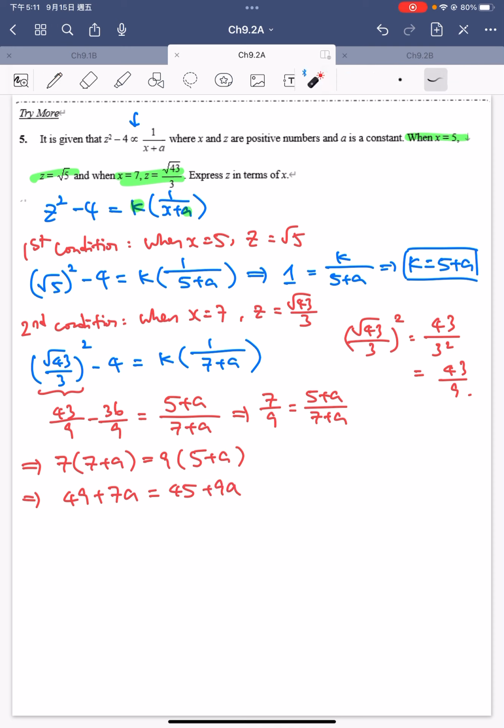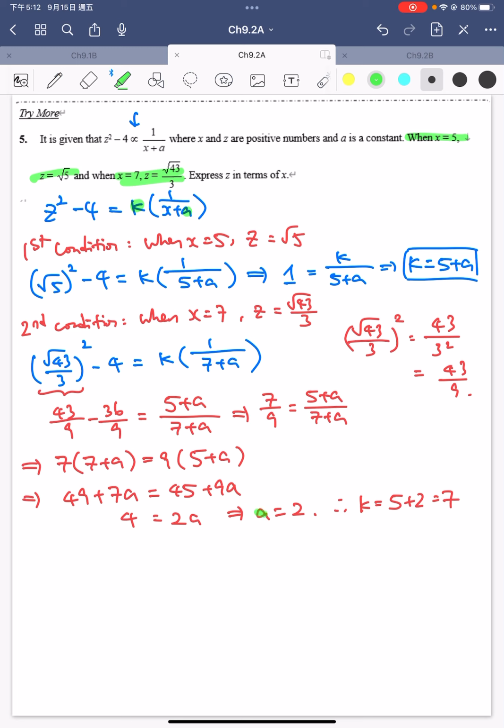So after that, we can move the 7a to the right hand side, then we have 2a is actually equal to 4, which means that a should be 2. So now we have found the value of a, and there is an equation connecting k and a, which is k is equal to 5 plus a. So the k value should be 5 plus 2, giving you 7.